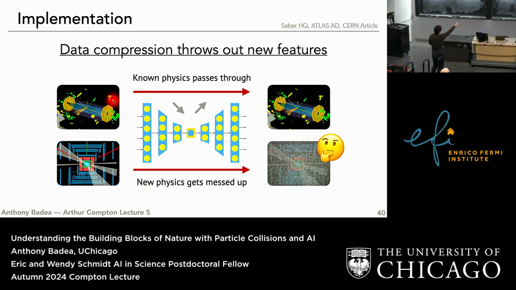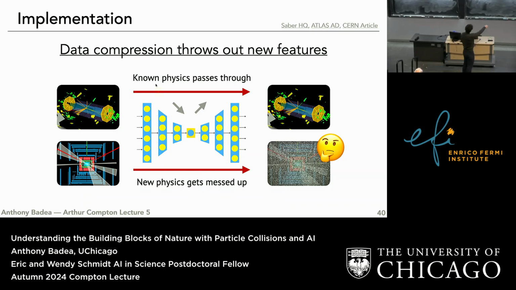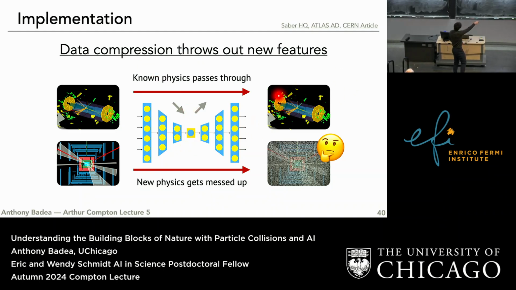You can take that idea and encode it into an implementation. The basic scheme is using so-called data compression. If this is what normally happens, this is everything else in nature, you run it through a box, and as it goes through the box, you throw away a bunch of auxiliary information, and then you try to reconstruct what comes out at the end. So you have an event that looks like this, passes through, and looks like this.